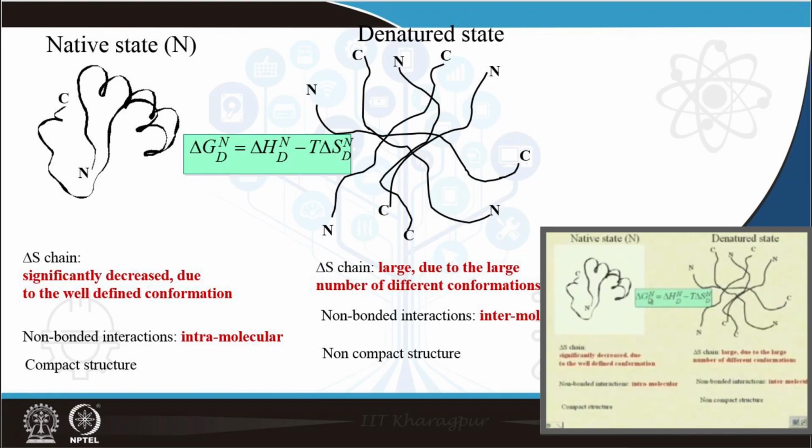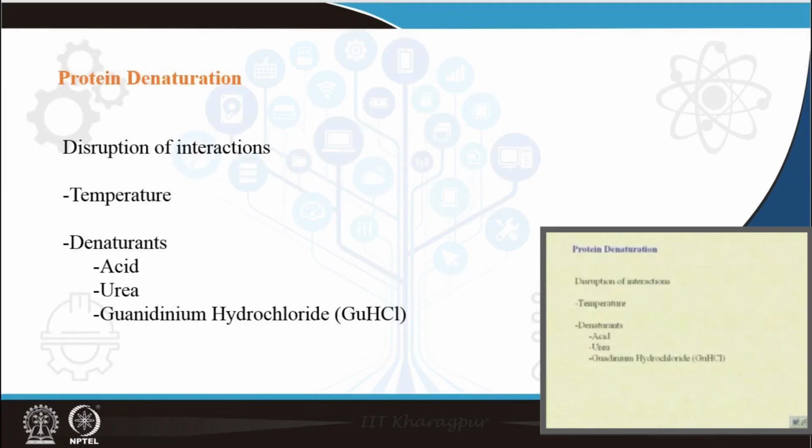All of these contribute to the delta G of the system, the delta G of folding, which is going to be a small but negative quantity because we are going to have spontaneous folding from the denatured state to the native state.